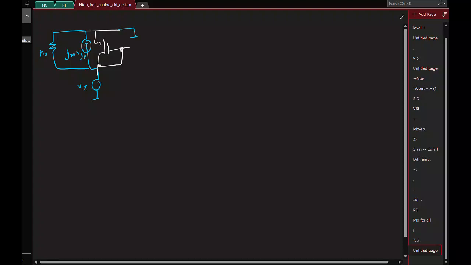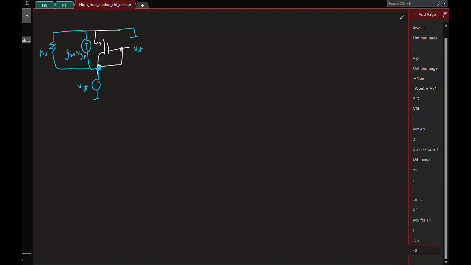This is ground. So whatever you apply here at the drain is also applied to the gate. So if I were to measure the current IT, what will this current be? It's gm VGS plus VT by r0.